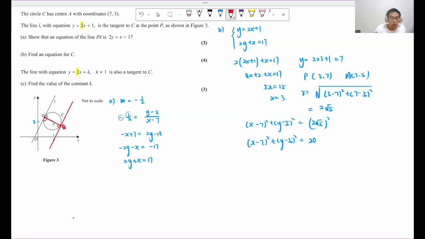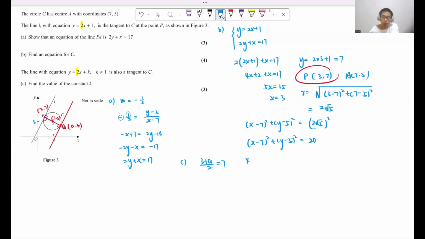we already know what P is. So P from before is 3, 7. And A is already given, 7, 5. And for Q, let's just call it a and b. Since PQ is a diameter, A has to be the midpoint because it's the center. So when I add 2 endpoints and halve it, it will give us a midpoint. So we can just add P and Q and halve it to give us A, to work out a and b, the coordinates for Q. So 3 plus a over 2 would be 7.